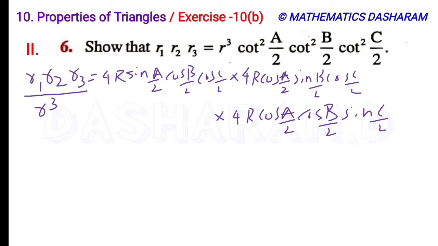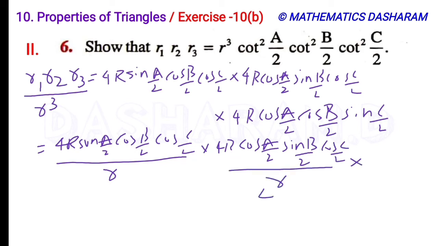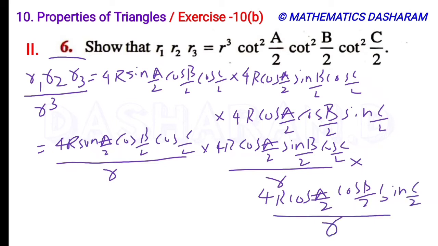So 4R sin A by 2 cos B by 2 cos C by 2 divided by R, next 4R cos A by 2 sin B by 2 cos C by 2 divided by R, into 4R cos A by 2 cos B by 2 sin C by 2 divided by R. So the left side is divided with R cube and the right side is divided with R cube, because here R into R into R is R cube.